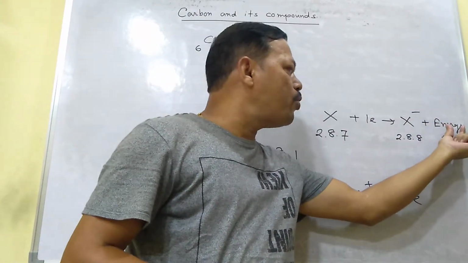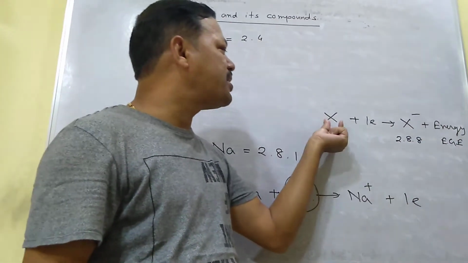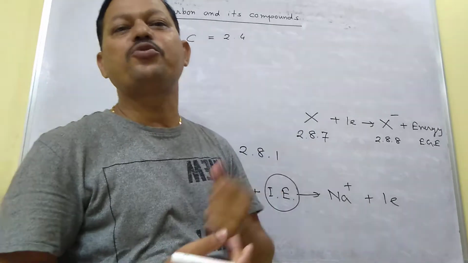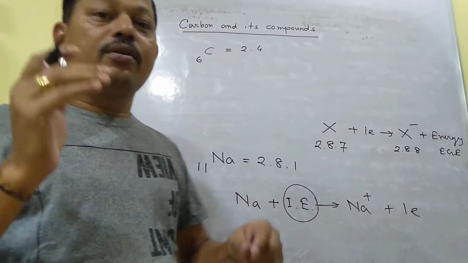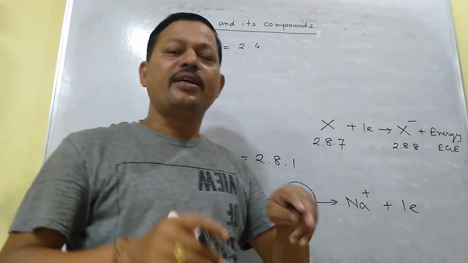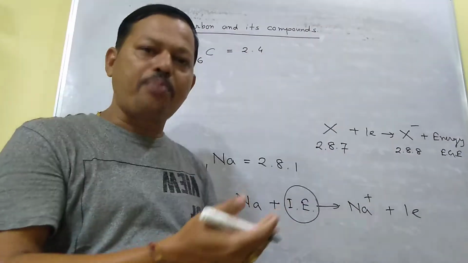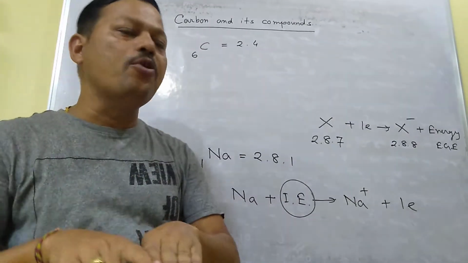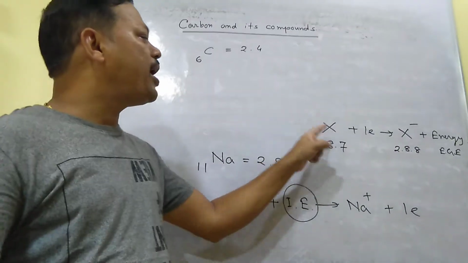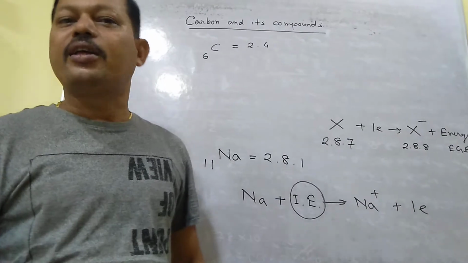If the released amount is low, that means the atom does not have much tendency to gain the electron. In the case of carbon, the electron gain energy is very low. Experimentally these are obtained. The electron gain energy value for carbon is very low, and that is why carbon has no tendency to gain the electron.